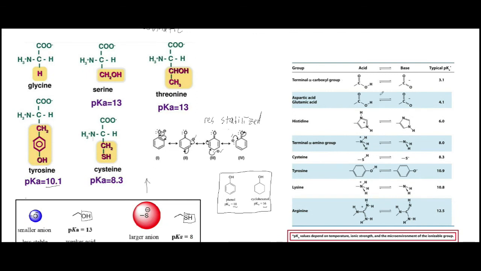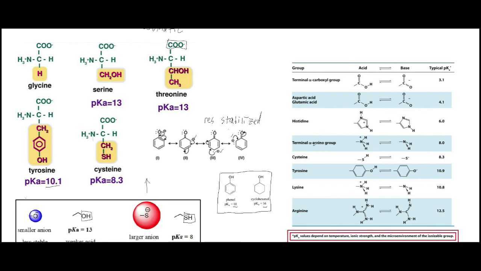Over here, I have a little bit more about some of the acids and bases on amino acids. The terminal carboxyl group, like this one right here, not the side chain one, but the one on the alpha carbon, has a typical pKa of around 3.1.